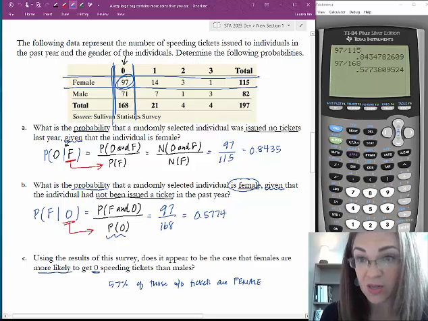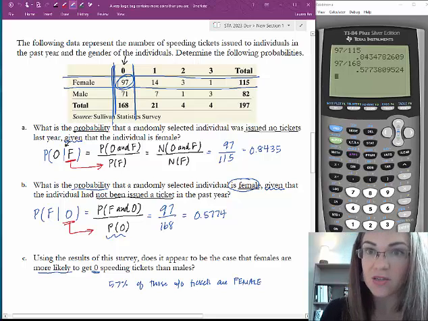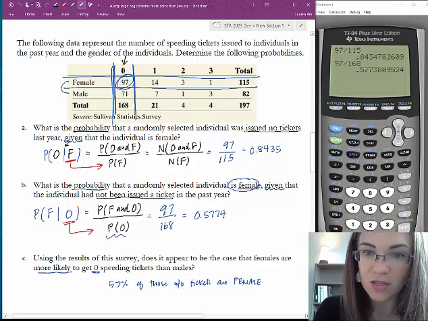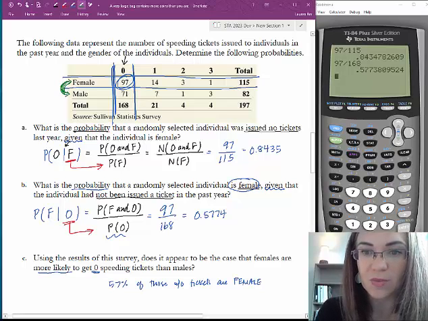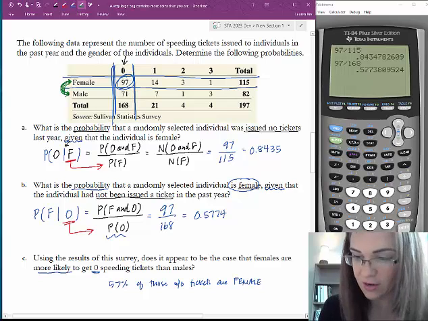We can use the complement rule to talk about the probability that those without tickets are male. Since this only had 2 possible outcomes, we put people either in the female or male category here.